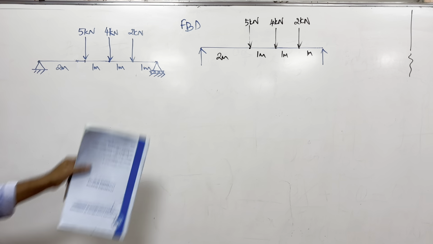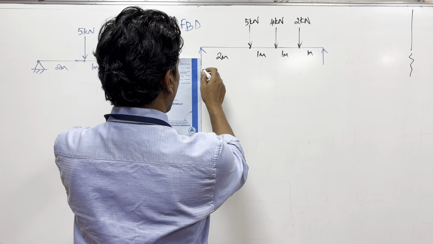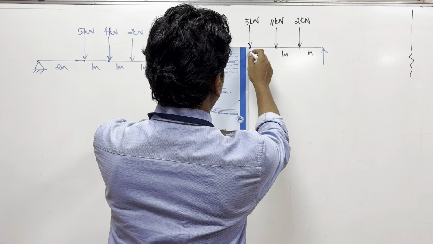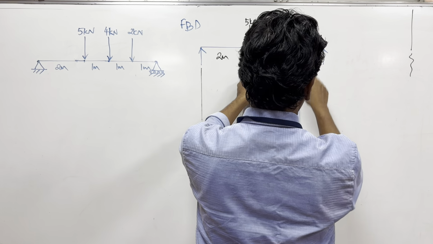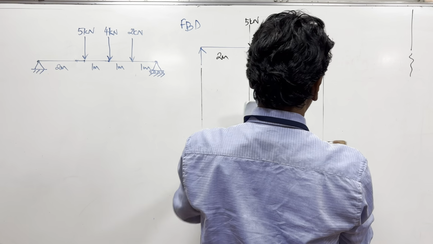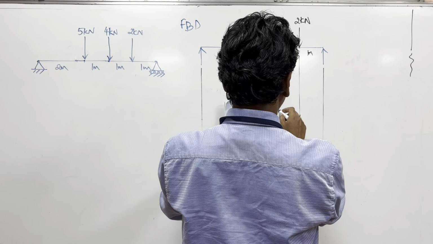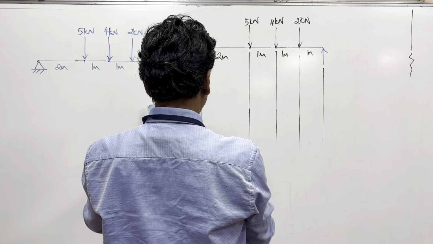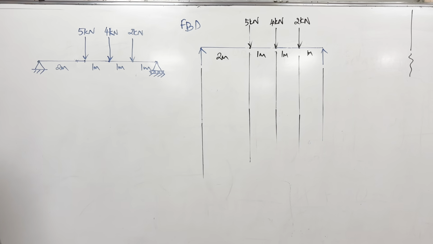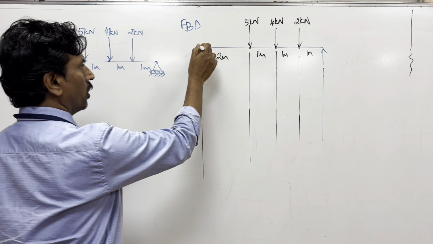Okay. Now, once you have done this, of course, you need to reserve this place below for SFD BMD. Okay, and then you are supposed to find the reaction at all these points.